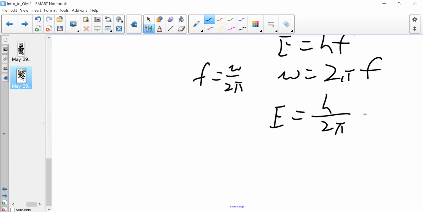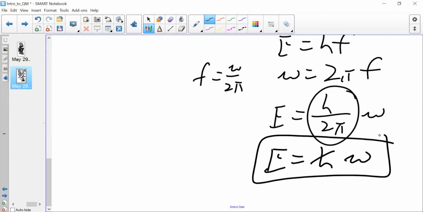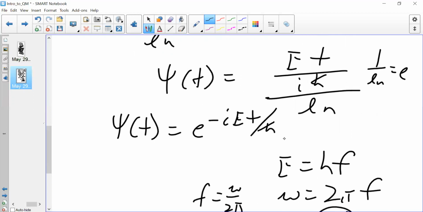So omega over 2 pi, like that. And we also know that h over 2 pi is equal to ħ, and that's how we get the equivalent there. So this E over ħ is really just omega.